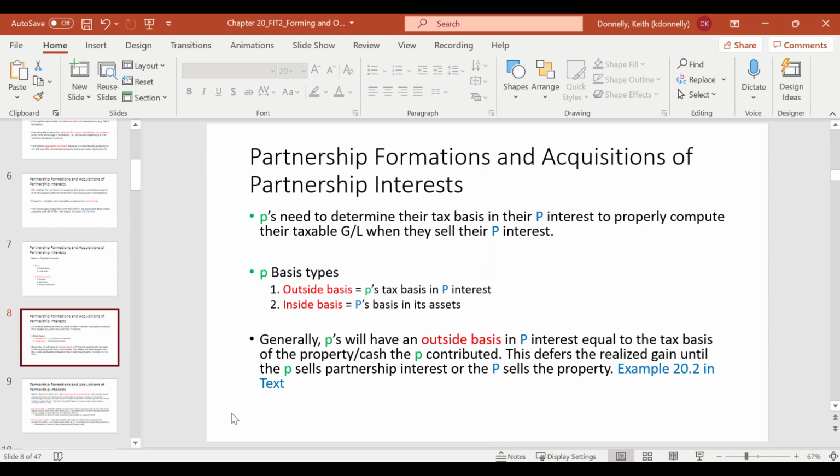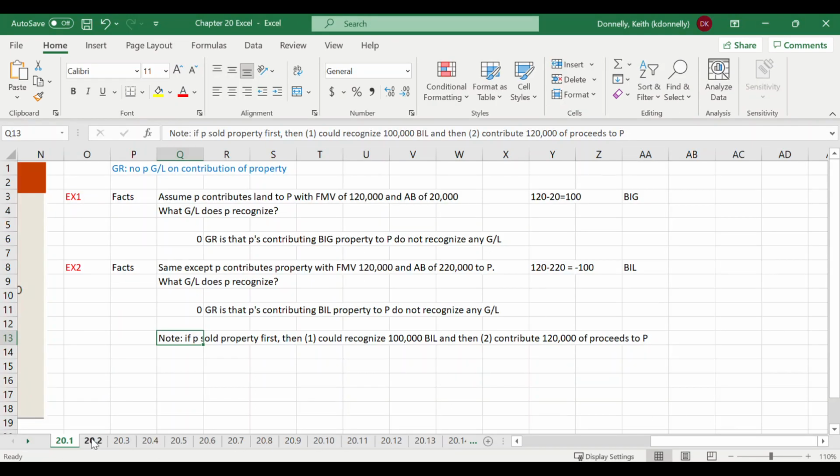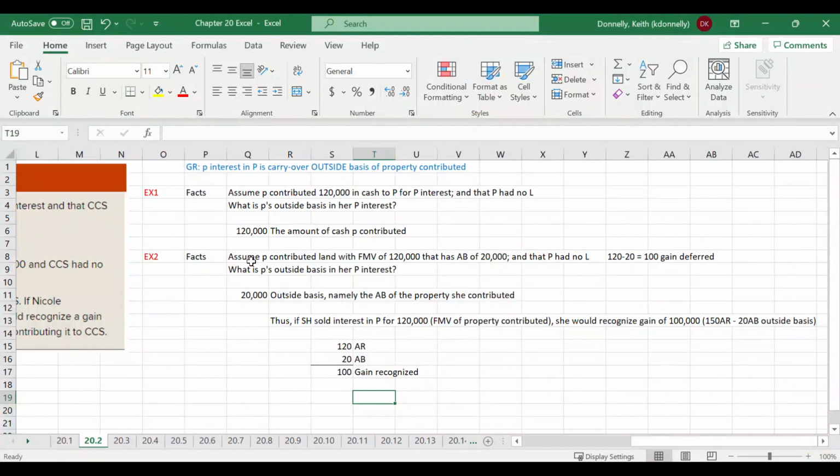So let's look here at 22, right? Assume we have a partner, they contributed $120 in cash to a partnership for their interest. What's their outside basis? Straightforward, cash. It's going to be that.